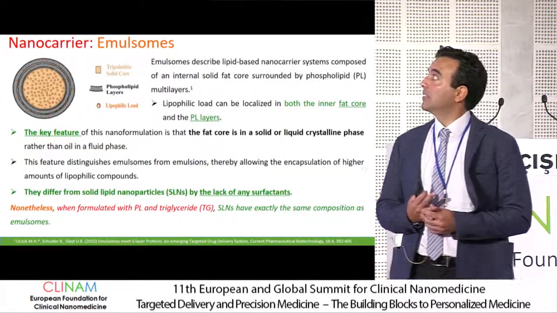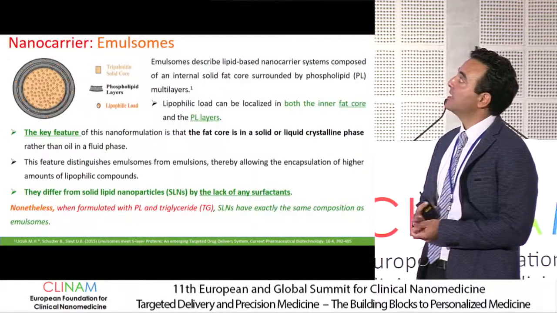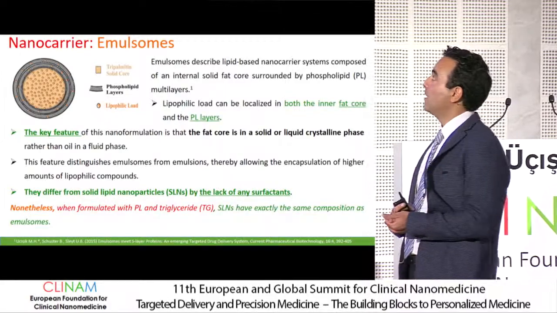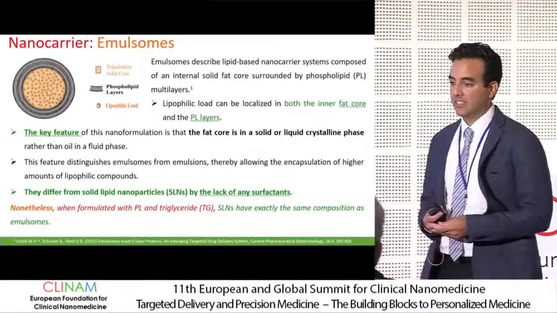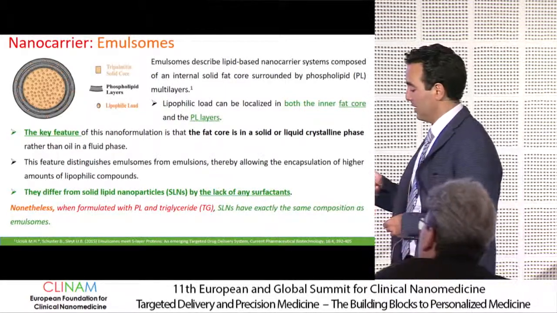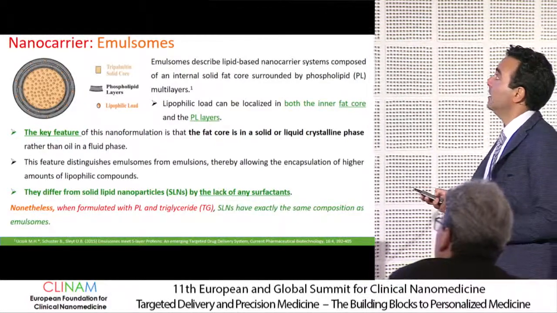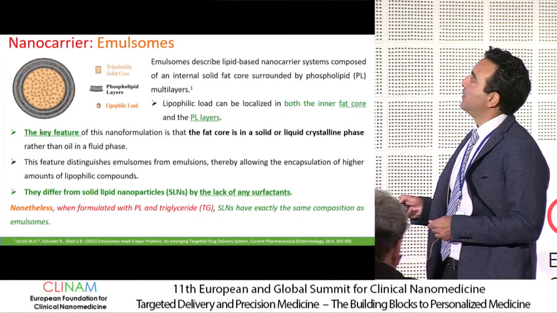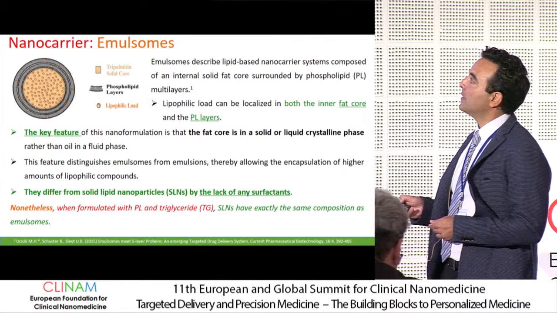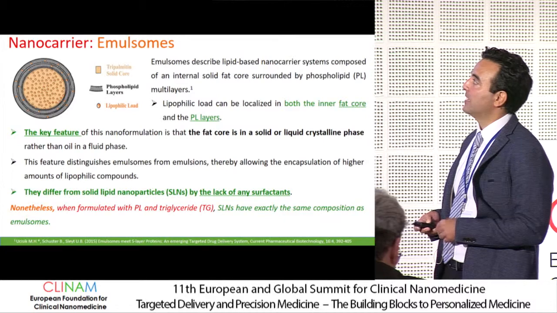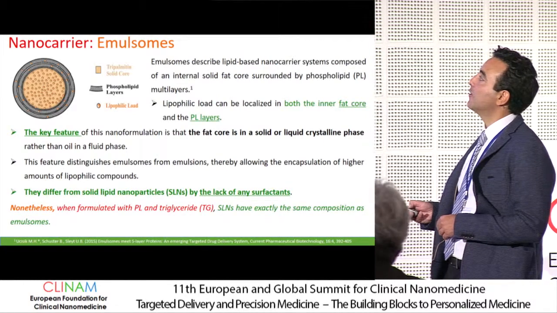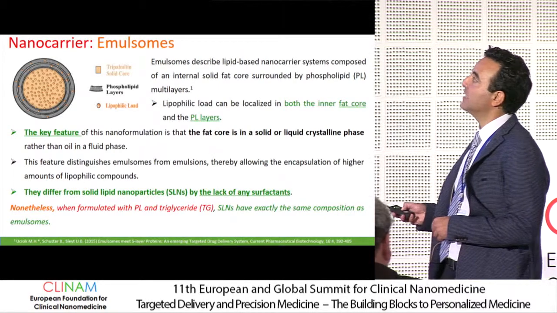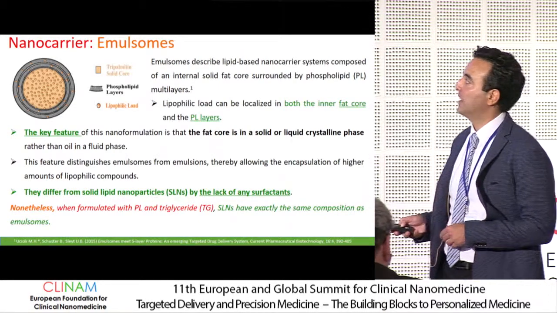To start with, emulsions describe lipid-based nanocarrier systems composed of an internal solid fat core surrounded by phospholipid multilayers. The lipophilic load, as you can see in the sketch, can be localized both inside the inner fat core as well as within the phospholipid layers. The key feature of this nanoformulation is that the fat core is in a solid or liquid crystalline phase rather than oil in a fluid phase.